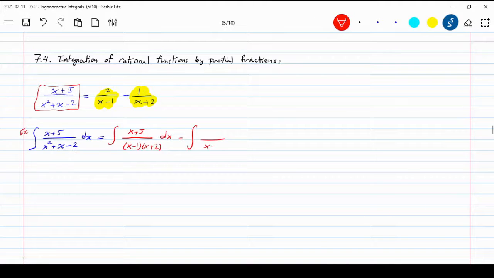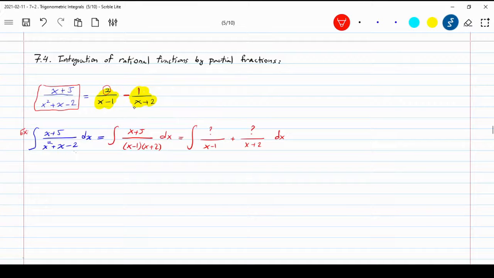One where x minus 1 is the denominator, the other where x plus 2 is the denominator. The bigger problem now is, what are the numerators of these fractions? If we can find that the numerators would be 2 and maybe negative 1, then we will end up with this fraction.